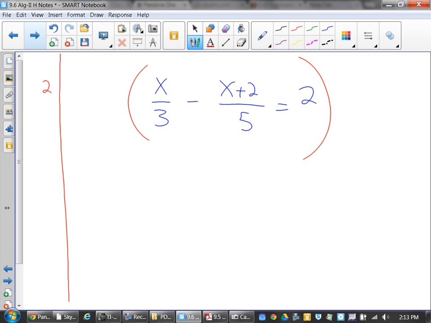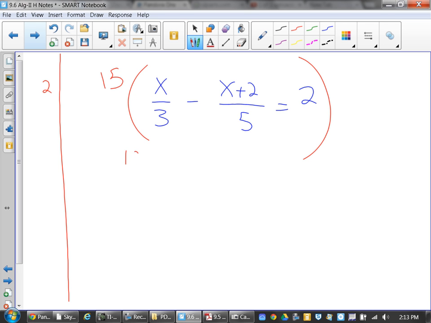All right. So let's see, we have x over 3 minus x plus 2 all over 5 equals 2 over 1. Again, what's going to be my common denominator? 15. So I'm going to multiply everything by 15, going the long way again.